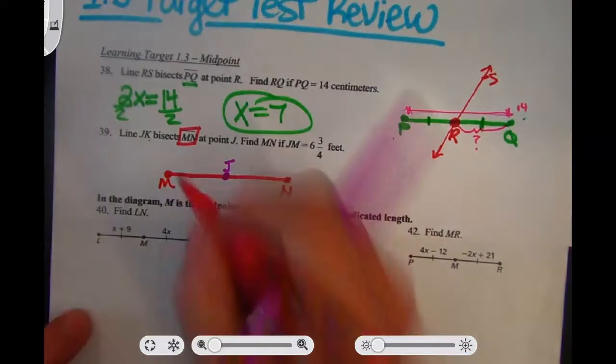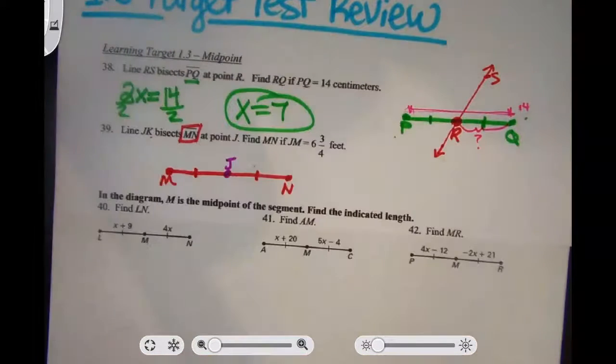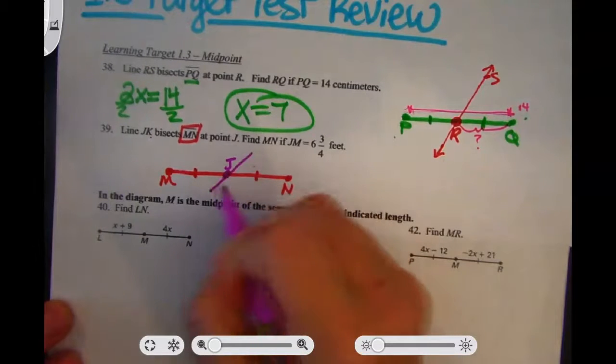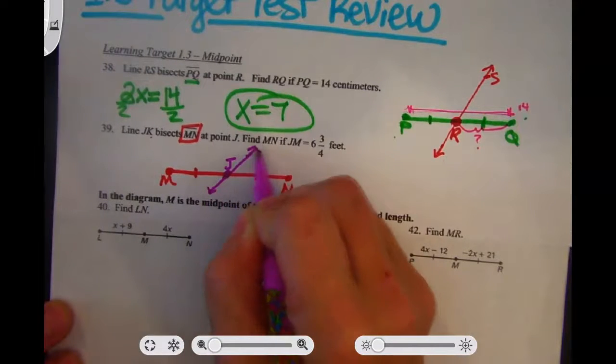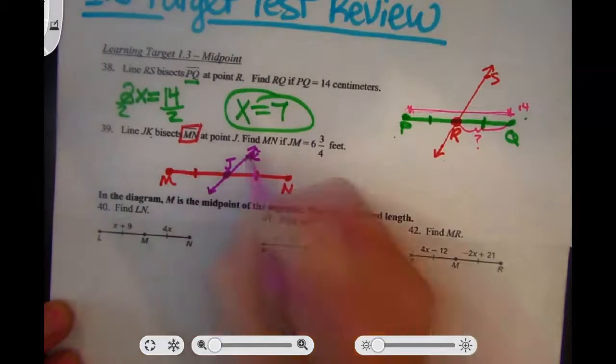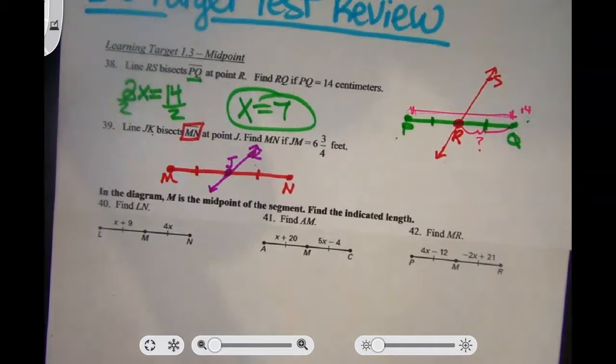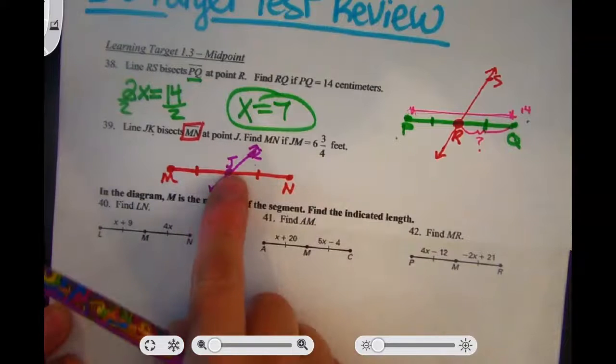And so we know given right away, remember we put little slash marks in because we know they're equal, and it's line JK, so I'm just going to draw in my arrows and make sure to label our 2 points on there. So we have that where this is MN and here's the bisector.